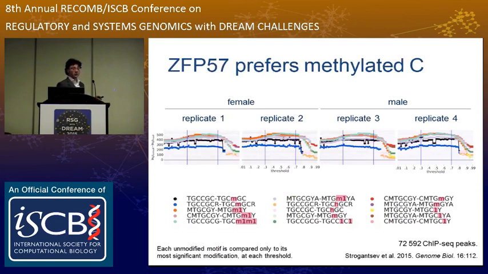If we do a similar thing for ZFP57, we can see that almost all of the motifs have a very strong preference for the methylated or hydroxymethylated motif, and all of them have some preference for those modified motifs because it's always above 0, and so the modified motif is always preferred over the unmodified motif, which is also known.